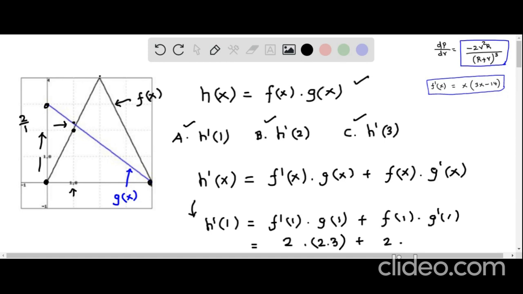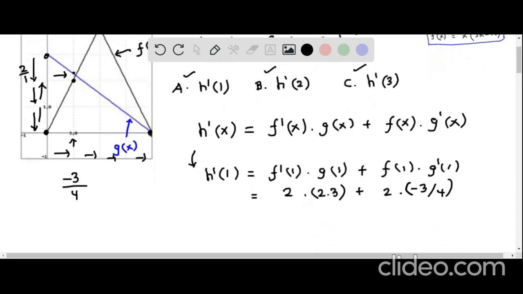So we have to come down 1, 2, 3. So it is negative 3. This is the rise, and the run is 1, 2, 3, and 4. So it is negative 3 over 4, which is the slope of the blue line, that is the slope of g of x. So I write down negative 3 over 4 here.